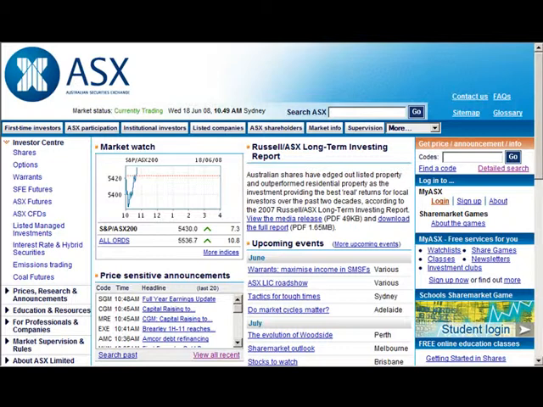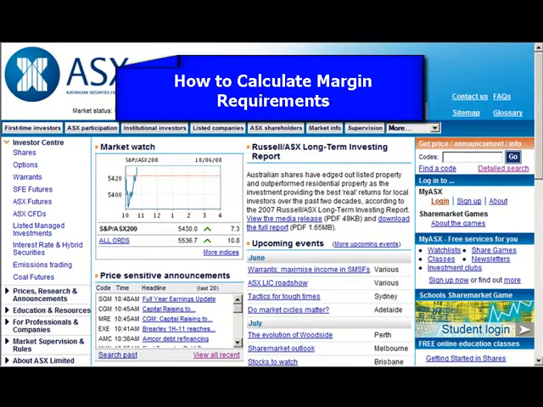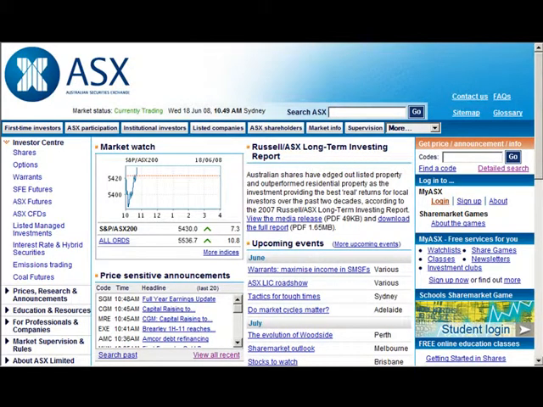Now in this trading tutorial what we're going to look at is how to calculate margin. It's a question I get asked often, how to calculate margin when you are selling options or writing options.